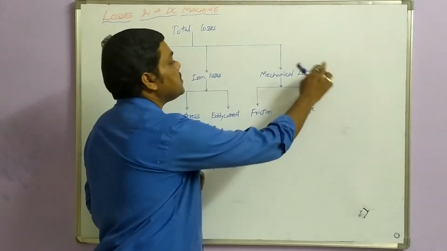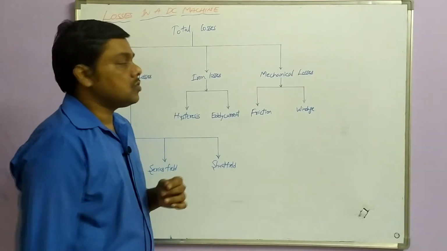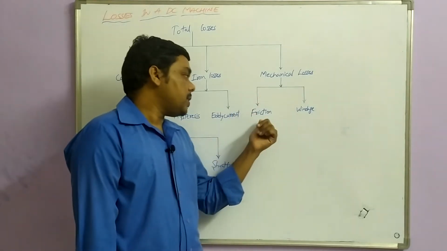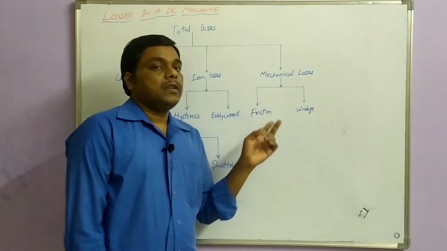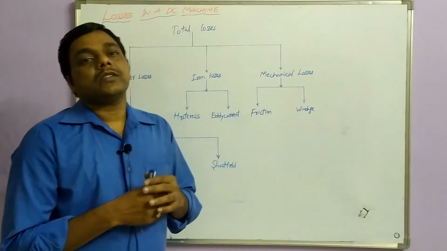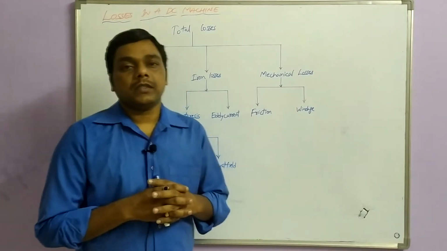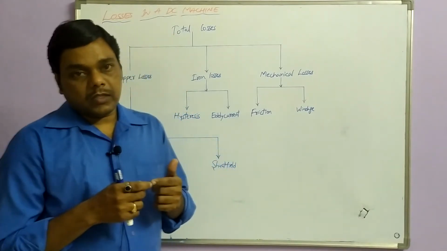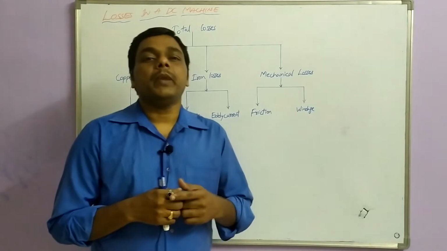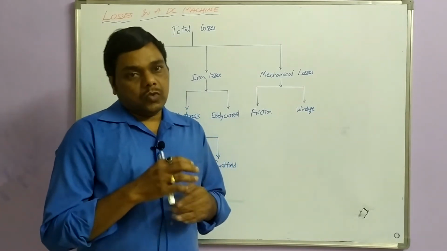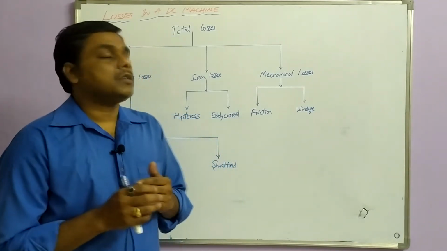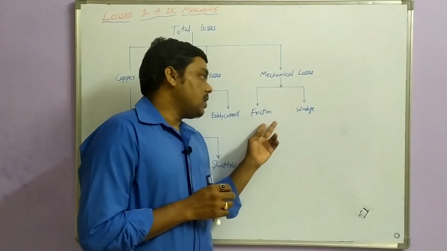And the third one is mechanical losses. This is purely mechanical, depending upon friction. When the motor is running with friction, the speed will be less. There is the end cover, and the shaft extends into the bearings. Without proper lubrication there may be friction.